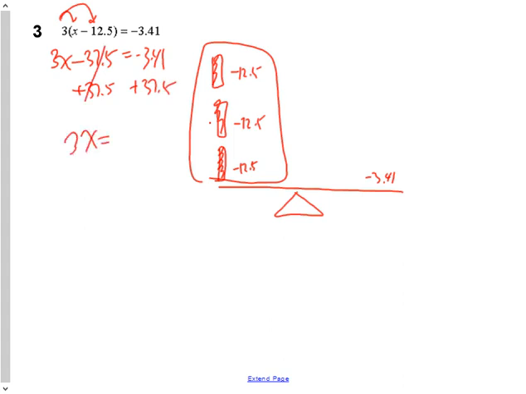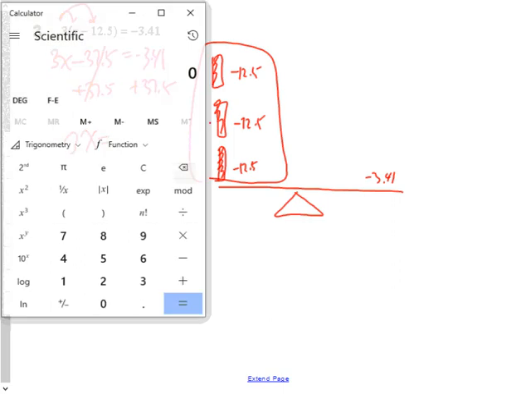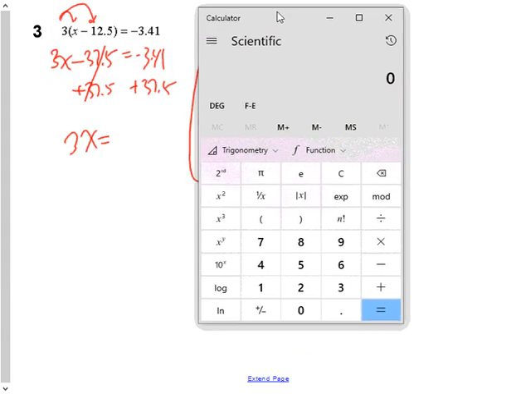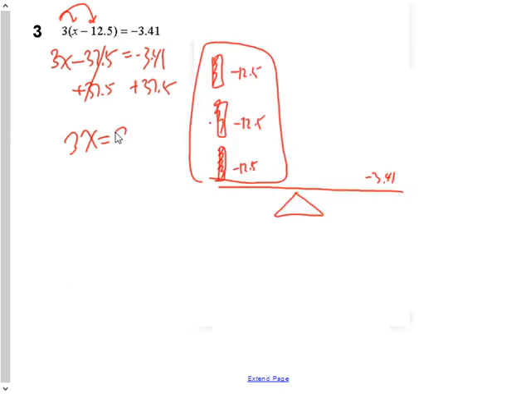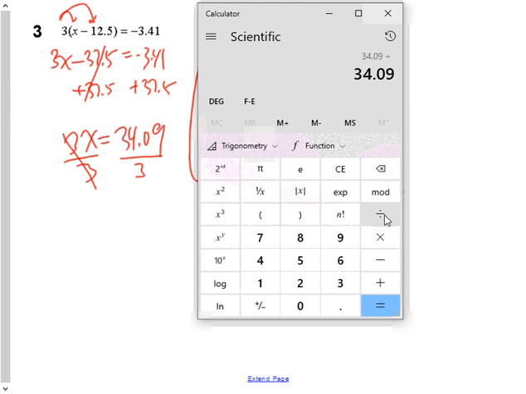It's giving you 3x is equal to, my brain is definitely not capable of this type of thinking this morning. So 3.41. Now if you're going to do it with positive and negatives, you can put your positive and negative symbol in, and combine that with positive 37.5. When you do so, it does the math for you. And then when you divide both sides by 3, you get x.